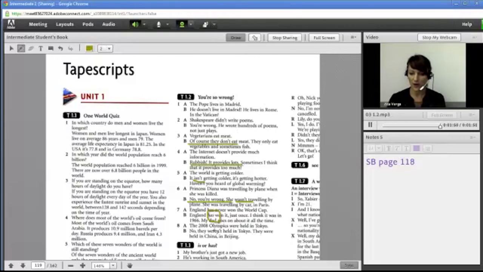So when you actually say this, you'll say England has won it just once. I think it was in 1966. My dad goes on about it all the time. And number 8, the 2008 Olympics were held in Tokyo. No, they weren't held in Tokyo. They were held in China, in Beijing. Now I'd like you to practice these conversations with your partner for a few minutes, please.